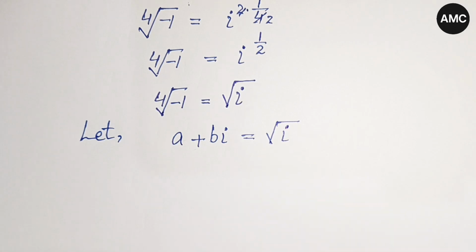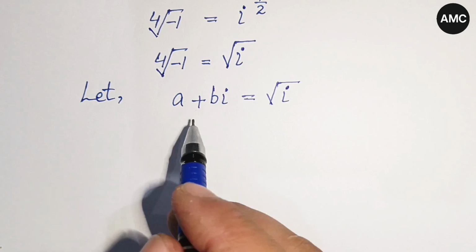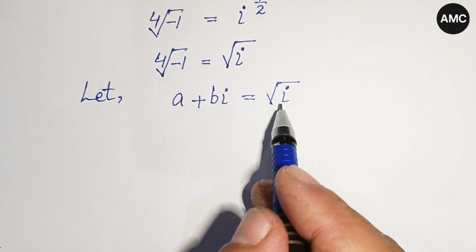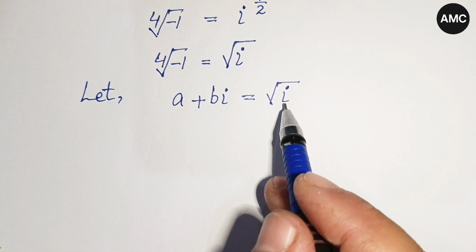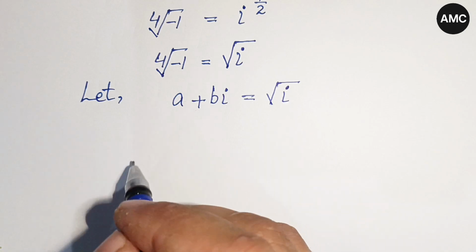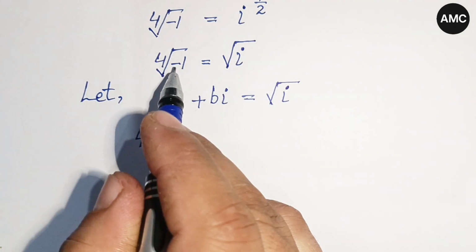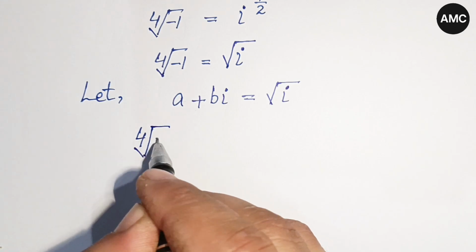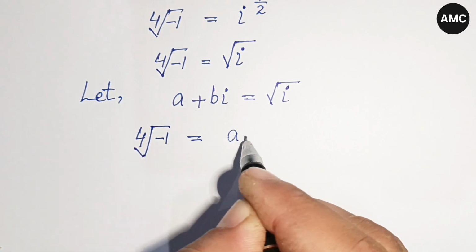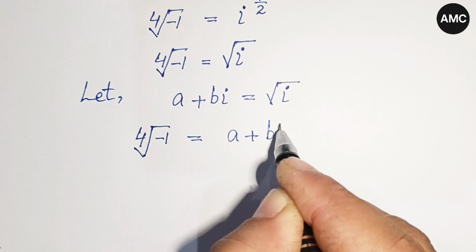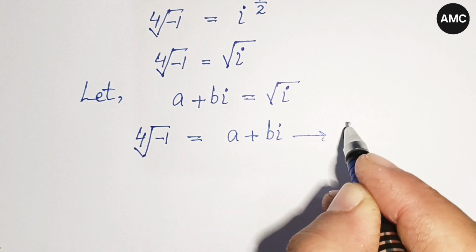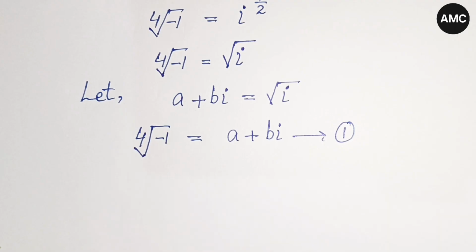So here we have this a plus b iota is equal to the square root of iota. So now putting this value here, the fourth root of minus 1 is equal to a plus b iota. So here it is our equation number 1.